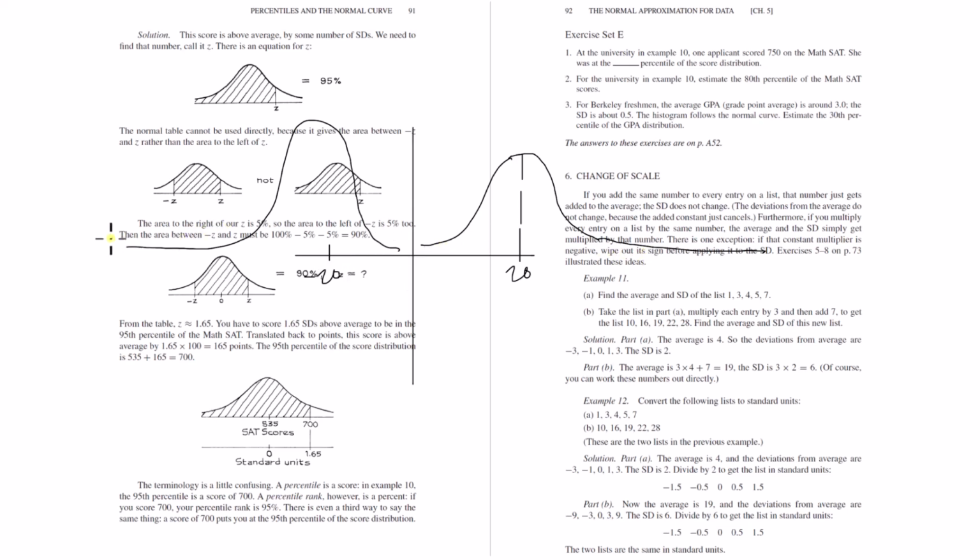Even the tail flips. But the standard deviation still doesn't change. It's still the same standard deviation. And so let's say you multiplied every number in a list by -3. Then you would multiply the average by -3 and multiply the standard deviation by +3. You don't apply the -1 to the standard deviation.